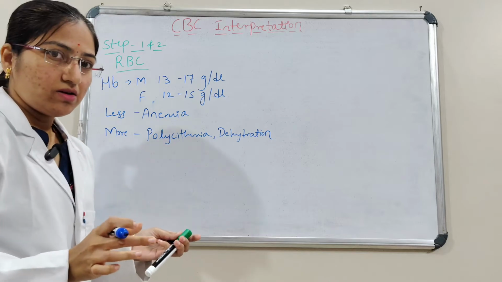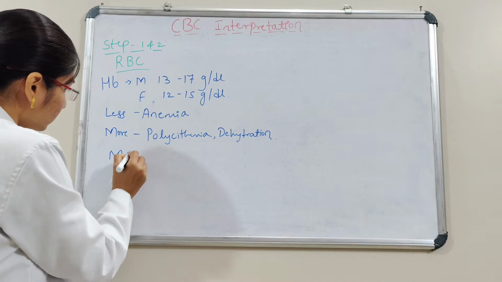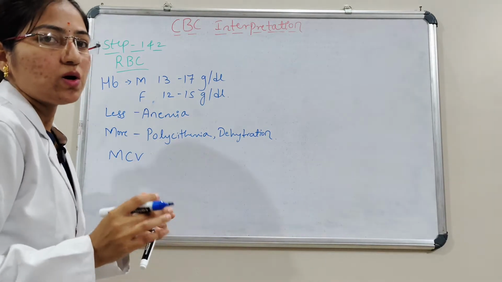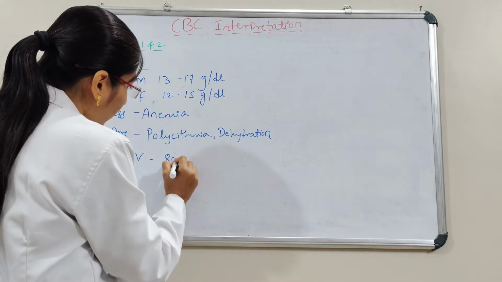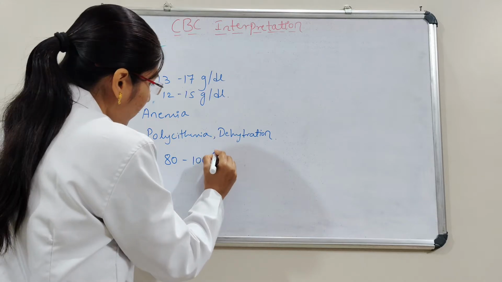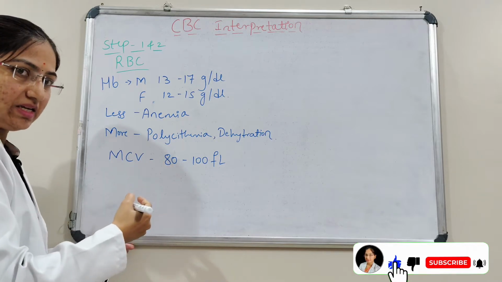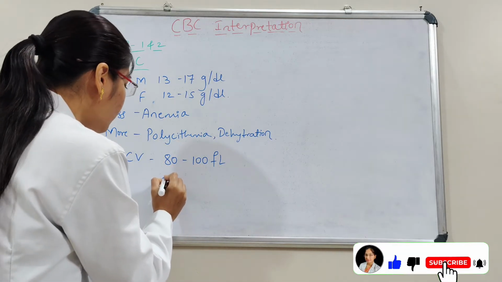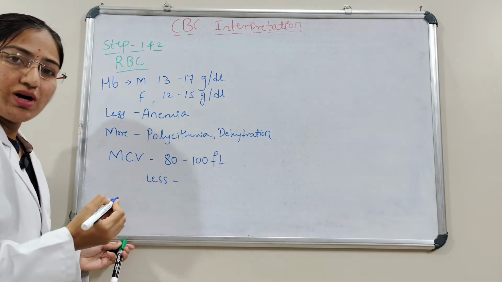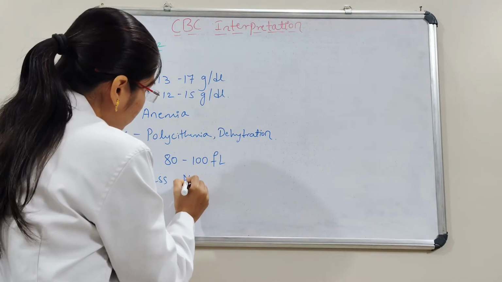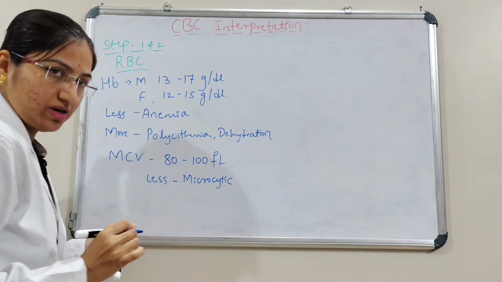If it is anemia, we'll see MCV. What is MCV? That is mean corpuscular volume. Here MCV is 80 to 100 femtoliters. If MCV is less than 80, it is called microcytic anemia.